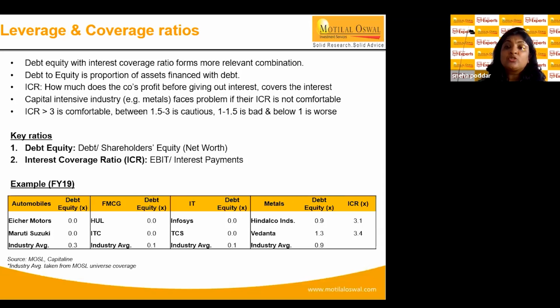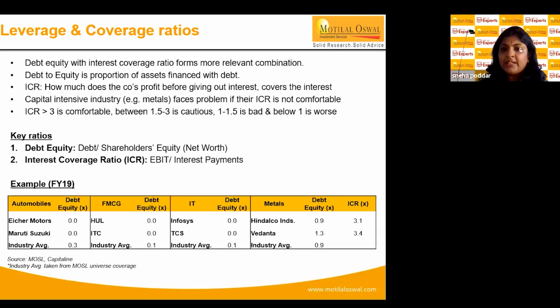But if the company has to fund its capex, or run its day-to-day operations by taking more debt into the business, and the debt proportion gets higher than the equity proportion, then it means the company is not able to generate enough cash, and it has to again and again borrow money from the market.